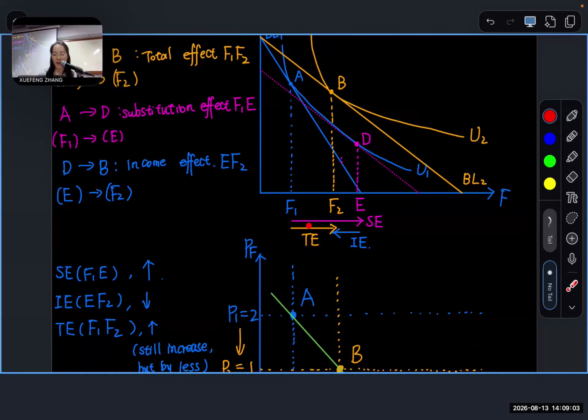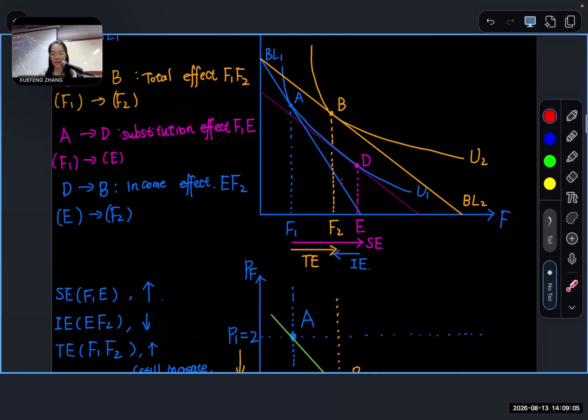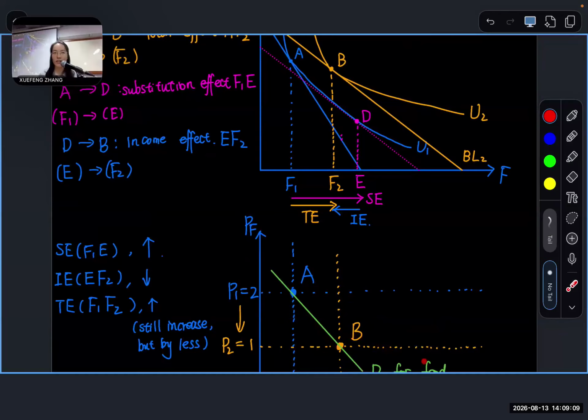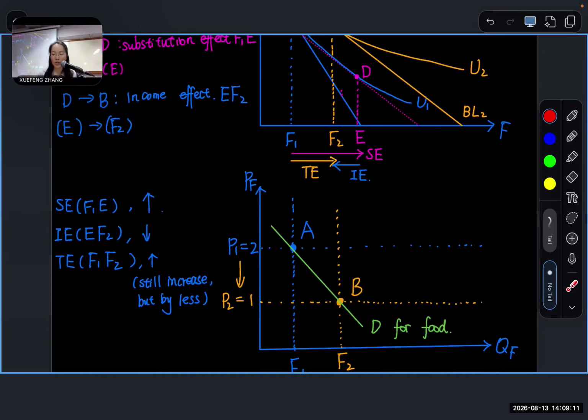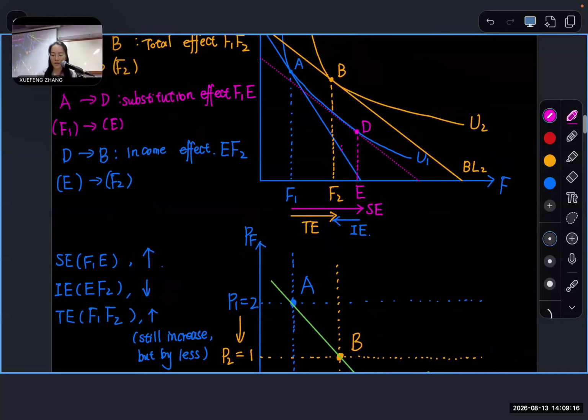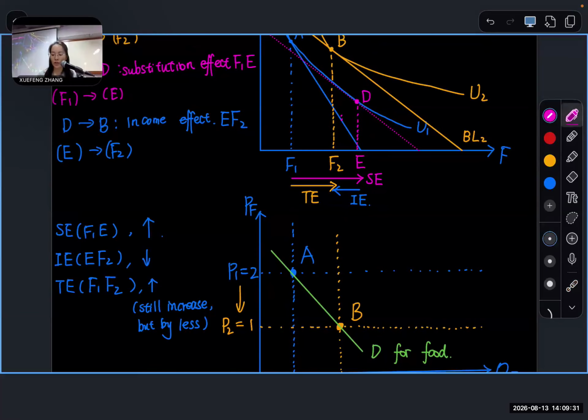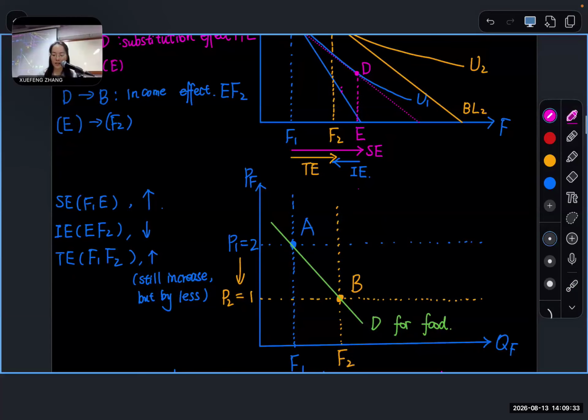A and B, which is the total effect, right? So this is the Marshallian. If I want to draw the Hicksian, how can I draw? I need the pink color. I already used A, B, so now I need to use D, because Hicksian demand only captures the substitution effect. So I need to draw D here.